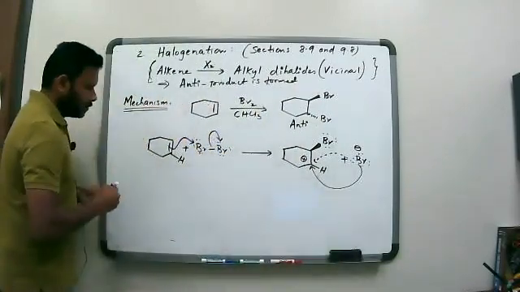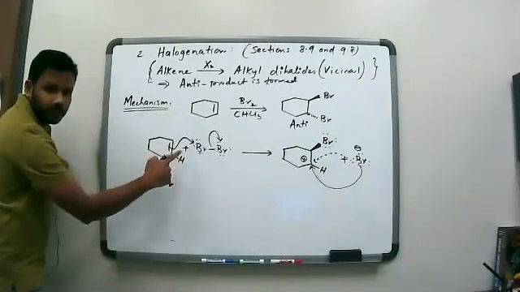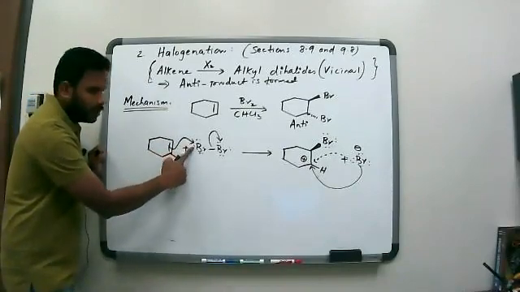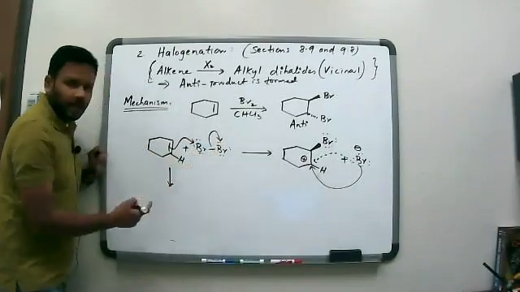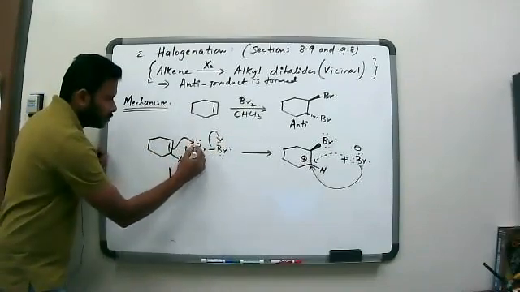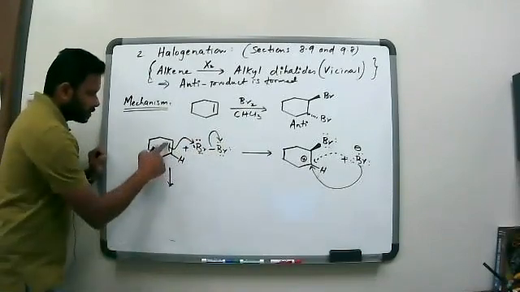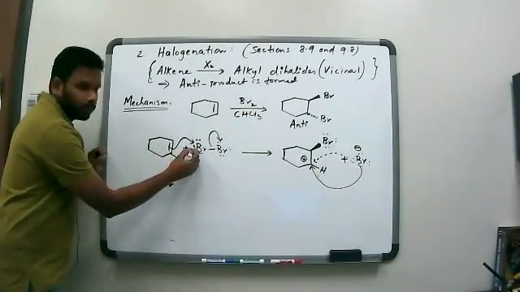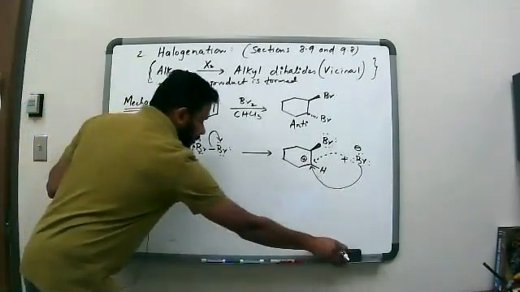Instead, what happens is, when the olefin, when the pi bond attacks the bromine, the other bromide gets kicked out, and at the same time, notice the bromine has 3 lone pairs on it. As this attack happens, one of the lone pairs on the bromine comes and attacks the other carbon back.